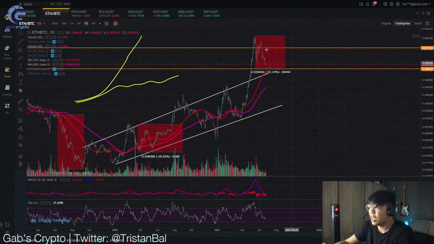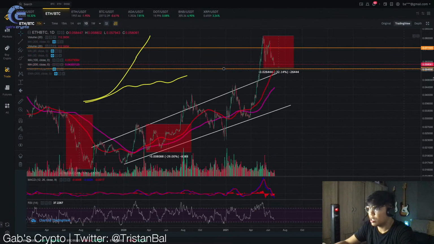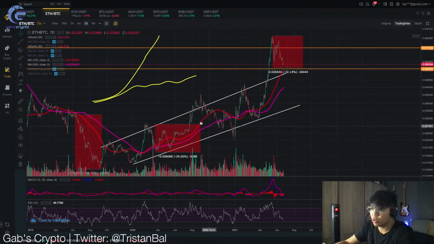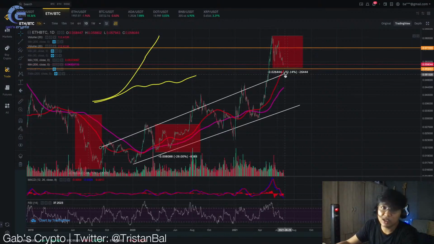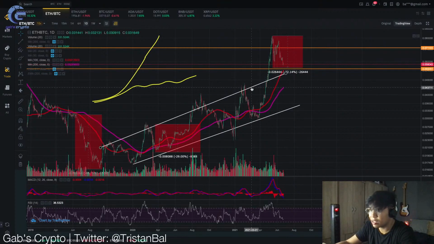And if nagkaroon tayo ng pahinga dito, this would actually help Ethereum to have that momentum para umakit ulit to the upside. So, this is also a good news for Ethereum na bumababa to para magkaroon ng pahingang oras. Magpahinga muna si Ethereum bago magkaroon tayo ng pump na inaabangan natin.